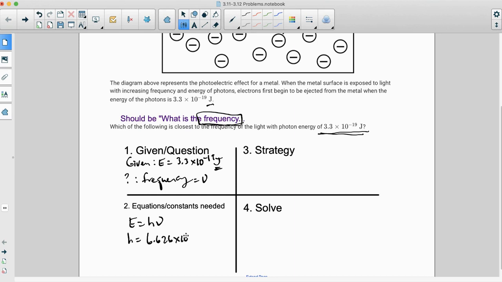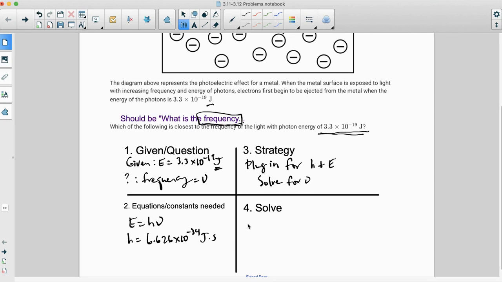That's 6.626 times 10 to the minus 34 joule seconds, Planck's constant. My strategy will be to plug in for h, and for E, and solve for my frequency.